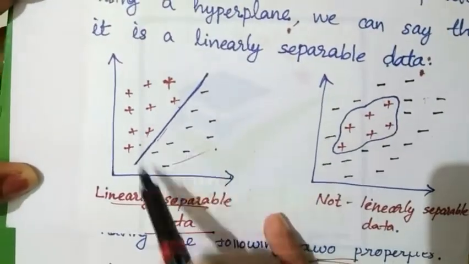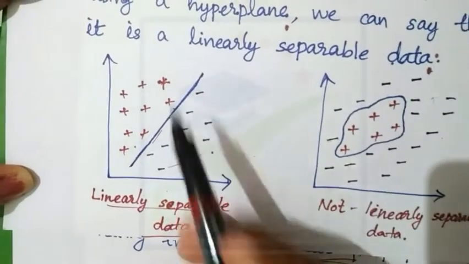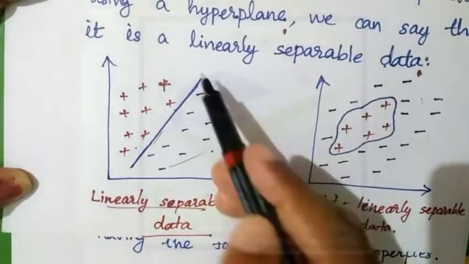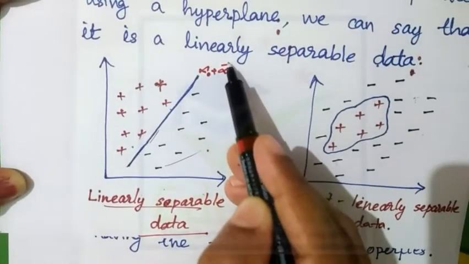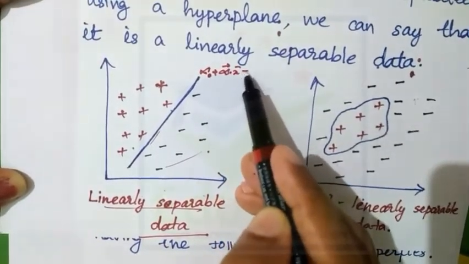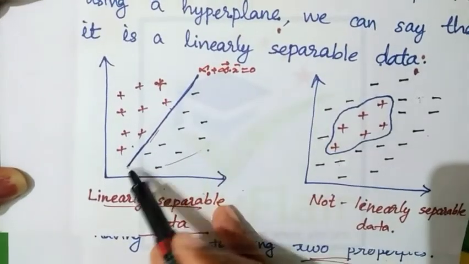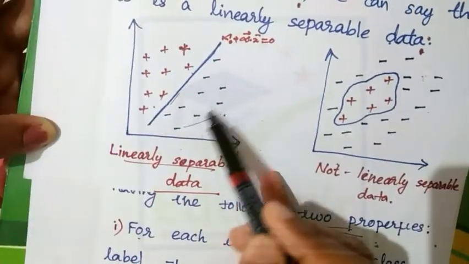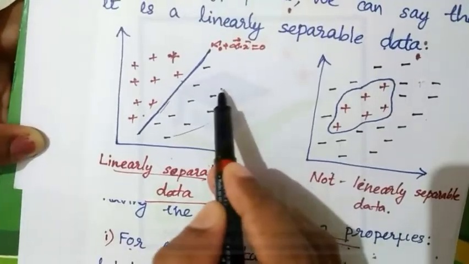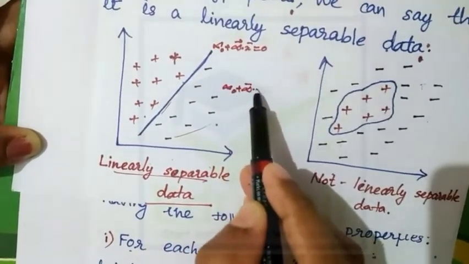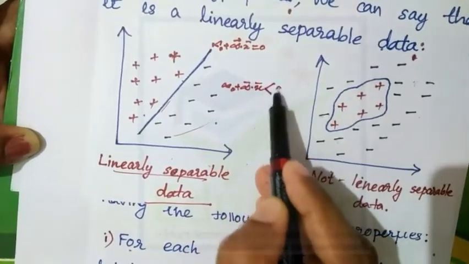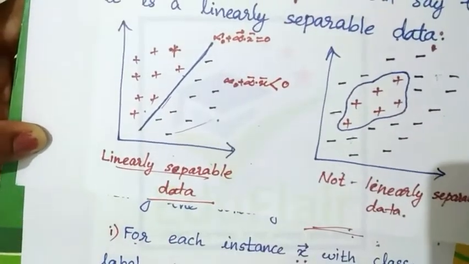That is, for linearly separable data, what is the hyperplane equation? Alpha 0 plus vector alpha dot vector x is equal to 0. That is the hyperplane. And all the negative samples should satisfy which equation? Alpha 0 plus vector alpha dot vector x less than 0 for all negative samples.